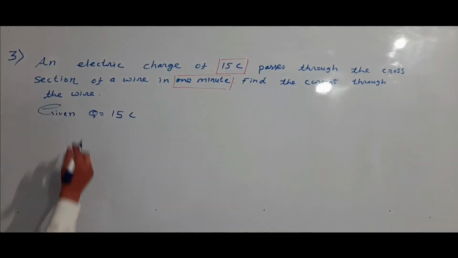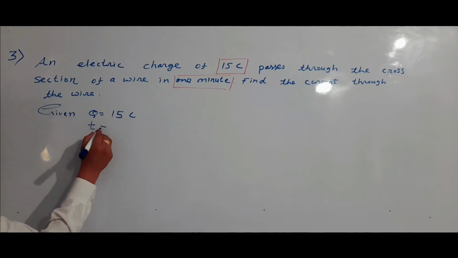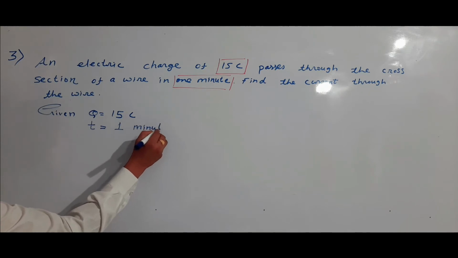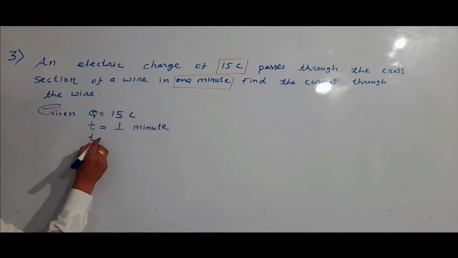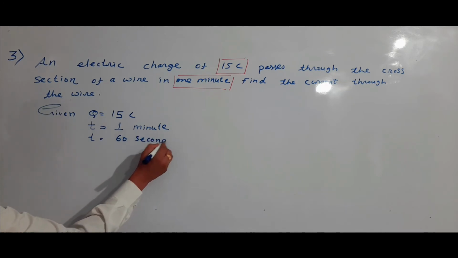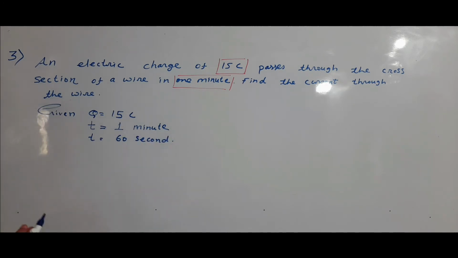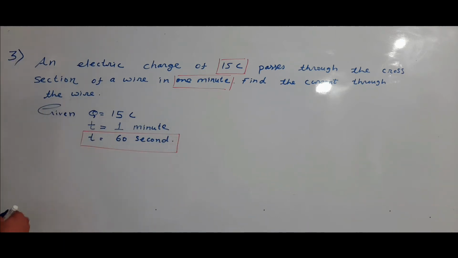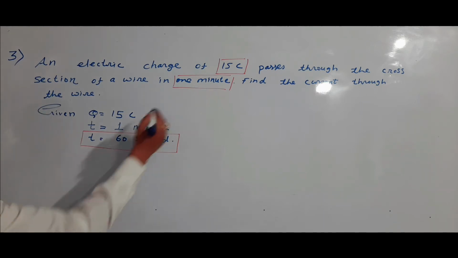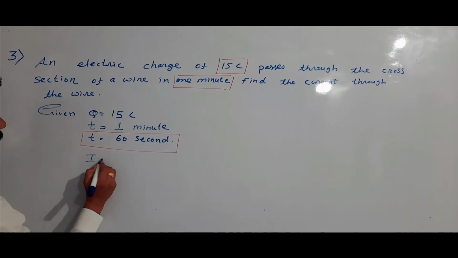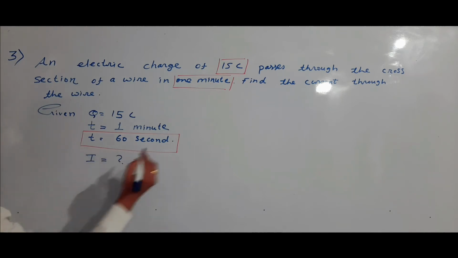So we'll write T is equal to 1 minute, but time we have to convert into second, so we'll write it as 60 seconds. Time we have converted from minute to second. Find the current, I we have to find.